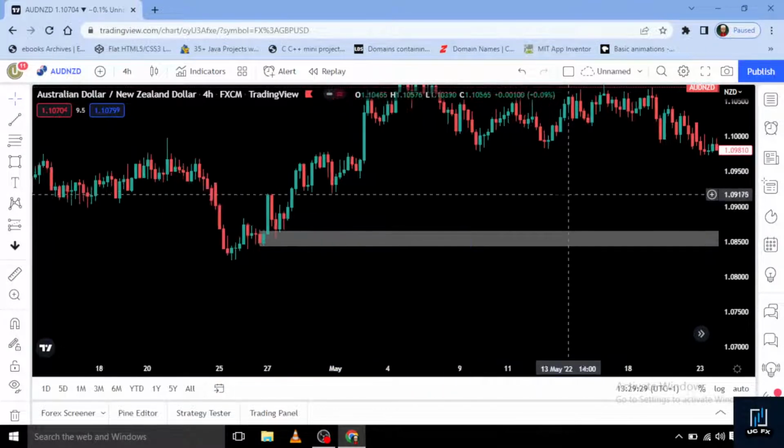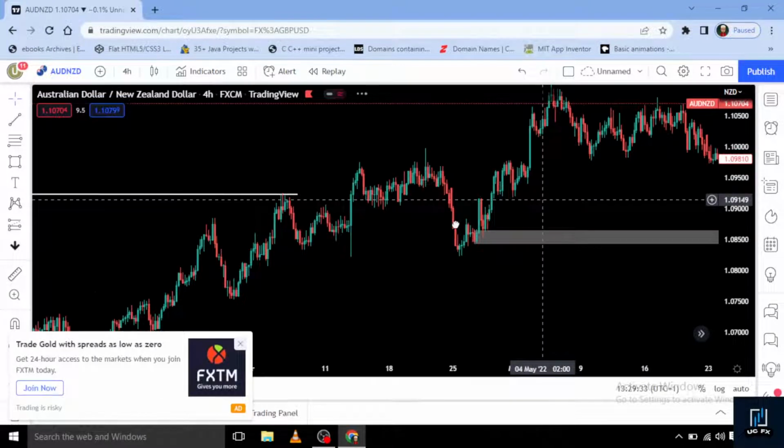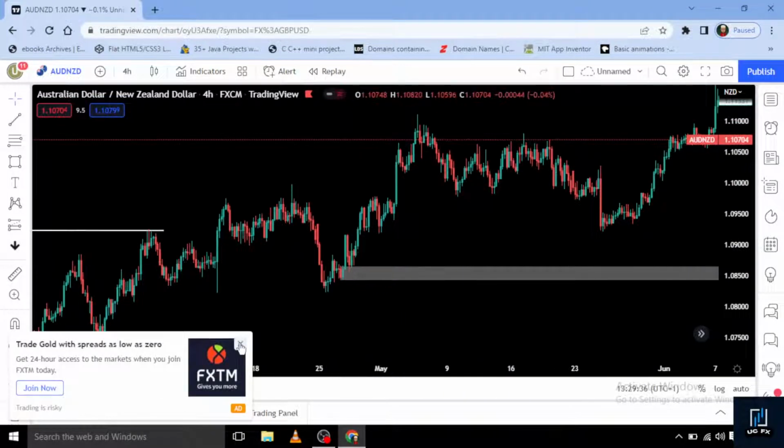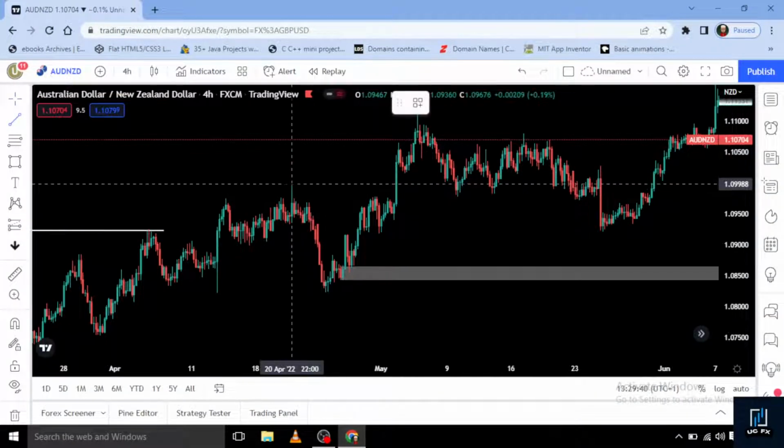So what next? As you can see, we had a break of structure after the formation of our order block. So we'll be marking that out as break of structure.